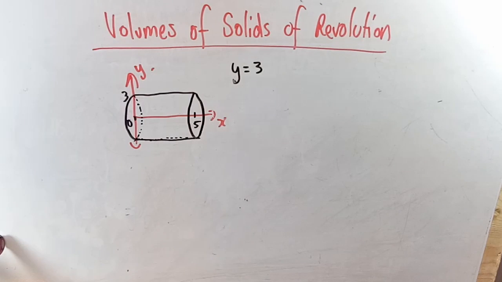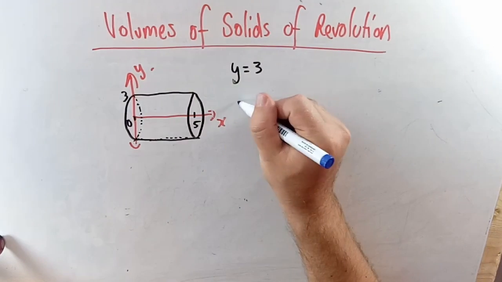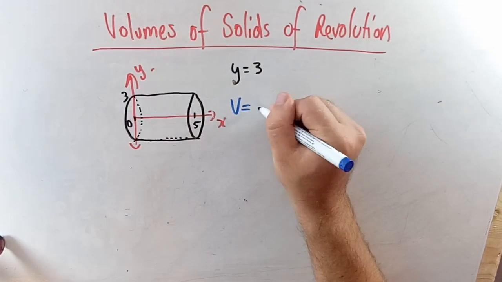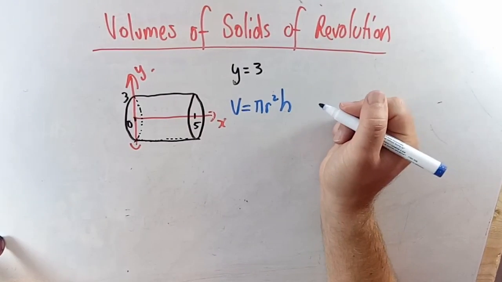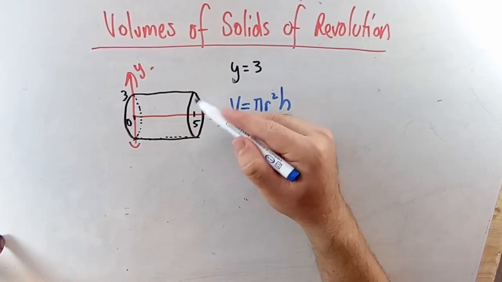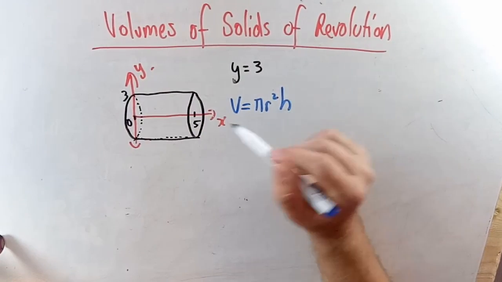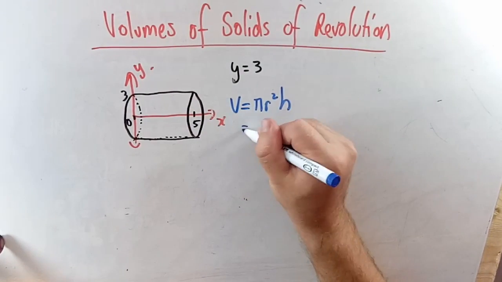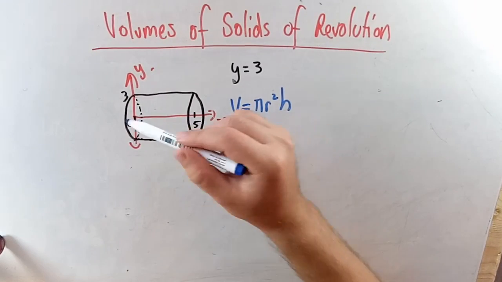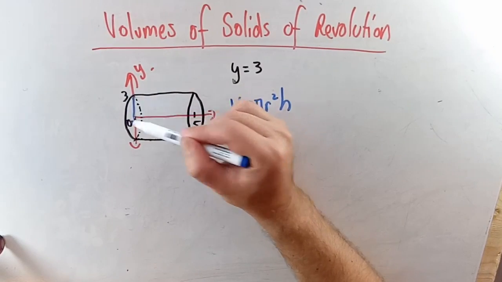Oh, well, let's just work it out the easy way. The volume of a cylinder, we know the volume has to equal pi r squared h. Okay, so the area of this surface here times by the height. So the area of this circle here is pi r squared. Now what's r? Now r is equal to 3.